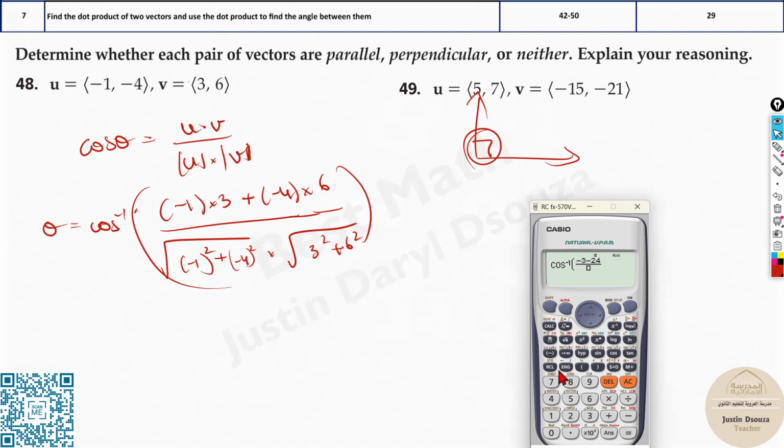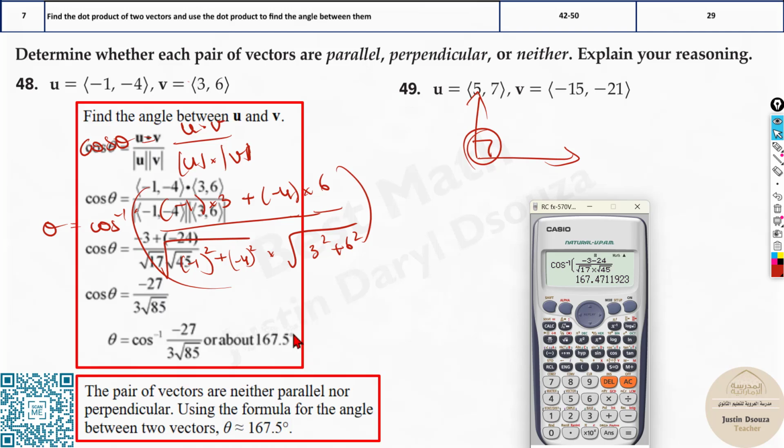Negative 24 divided by the square root of 16 plus 1, which is square root 17, multiplied with the square root of 36 plus 45, square root 45. What is the answer? It's 167.5 degrees. It's not 180 or 0, it's basically just a random value. So the angle is neither.